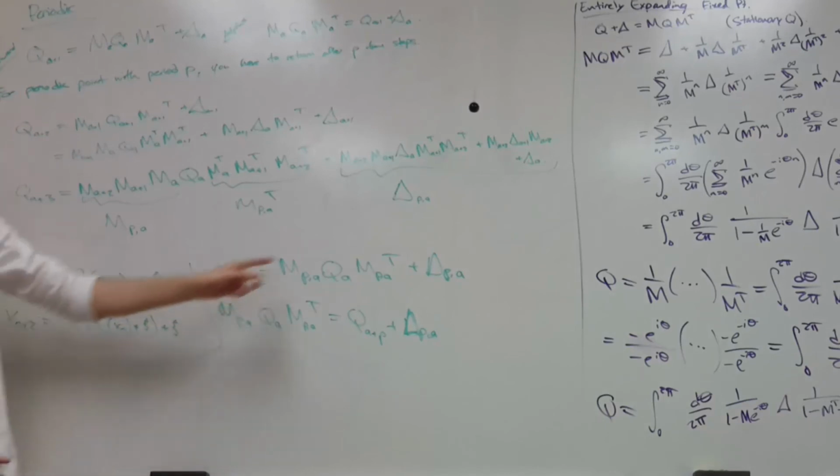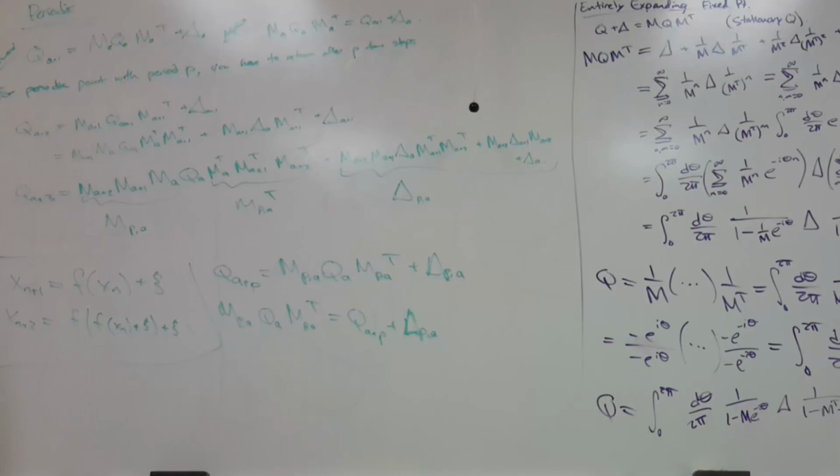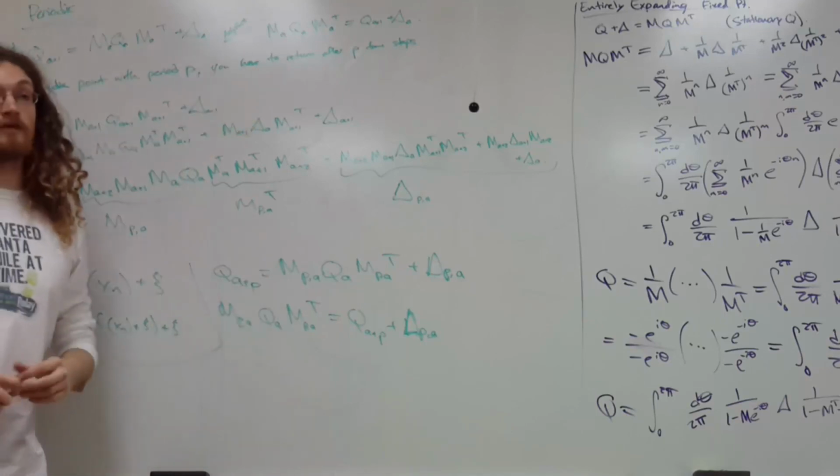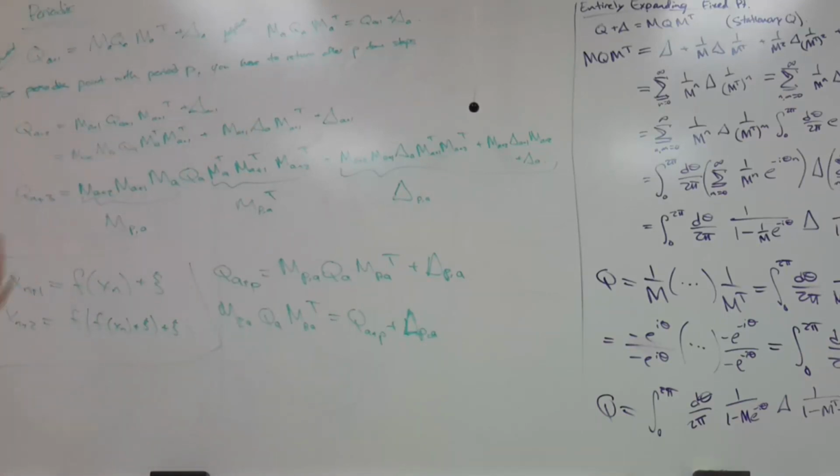And then we set Q A plus B equal to Q, and we have the exact same problem we had before, just a different Jacobian matrix and a different amount of noise. So we can do the exact same thing for the periodic point as for the fixed point. If it's entirely contracting, we use this equation. If it's entirely expanding, we use that equation. If it has some expanding and some contracting directions, we separate out the components, solve them separately, and put them back together.